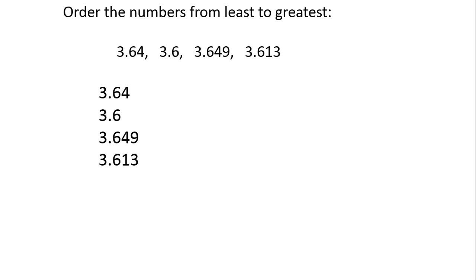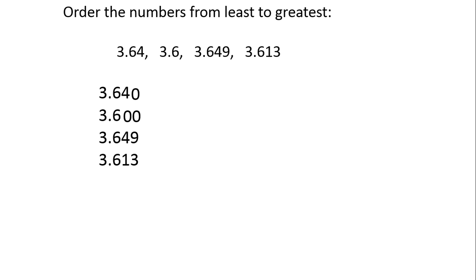You'll notice that the numbers have different numbers of digits after the decimal point. For example, 3 64/100ths has 2 digits after the decimal point. 3 6/10ths has only 1. 3 649/1000ths has 3 digits after the decimal point. That's not really a problem, but it could make it a little more tricky to compare these numbers.